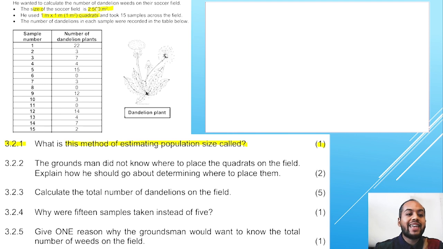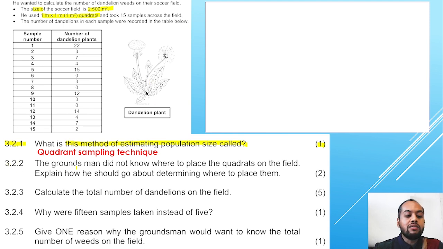Since we have area here, that is a great indication that the technique we are looking at is going to be our quadrat sampling technique, since we have areas given. And in a quadrat sampling technique, the formula provided to you normally has area of the quadrat as well as area of the entire habitat that you are studying.